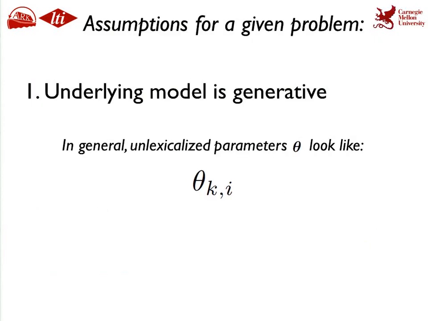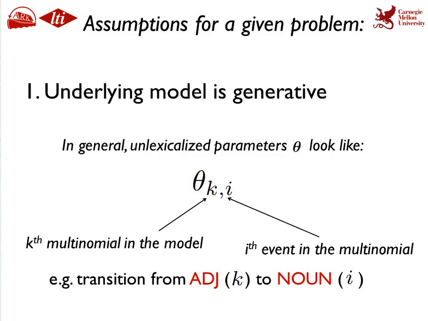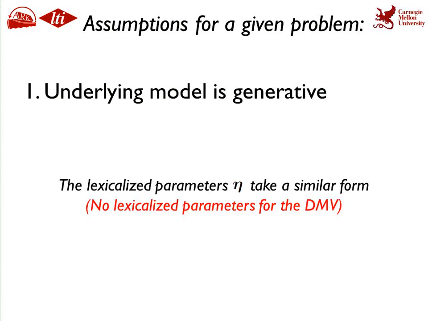So in general unlexicalized parameters look like theta k comma i, where k is the kth multinomial in the model and i is the ith event in the multinomial, where for example it can be the transition probability from an adjective tag, which is k, to the noun tag, which is i. Okay, so the lexicalized parameters eta take a similar form. There are no lexicalized parameters for the DMV model.